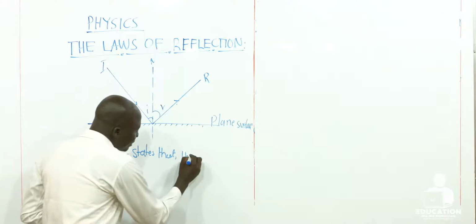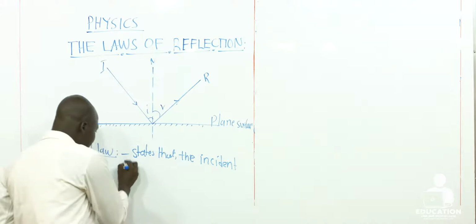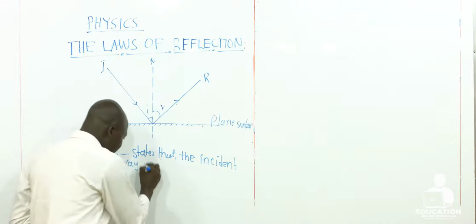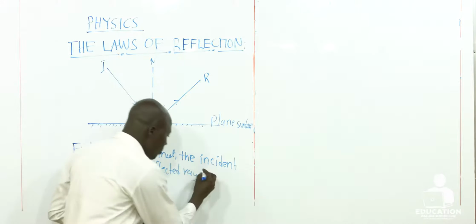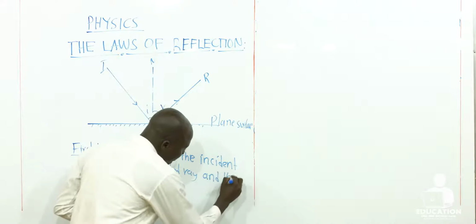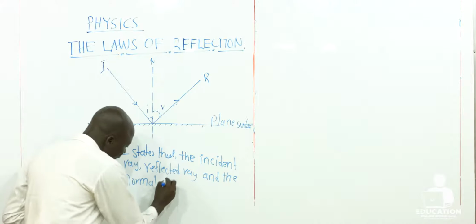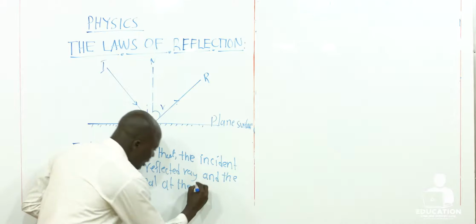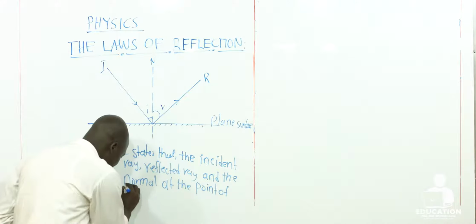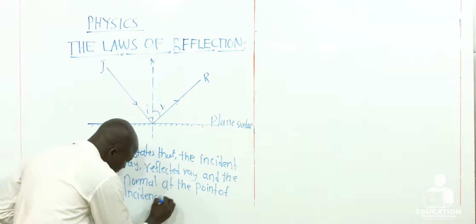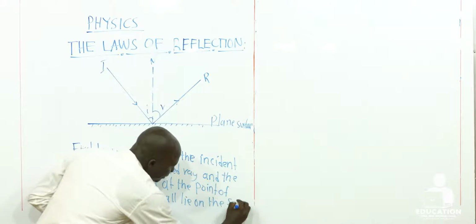the incident ray, reflected ray, and the normal, at the point of incidence, all lie on the same plane.